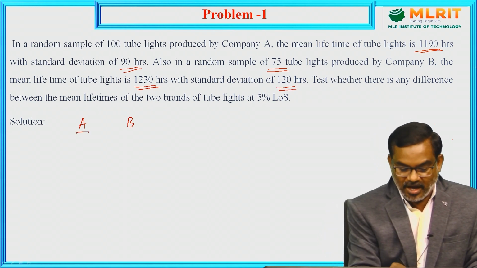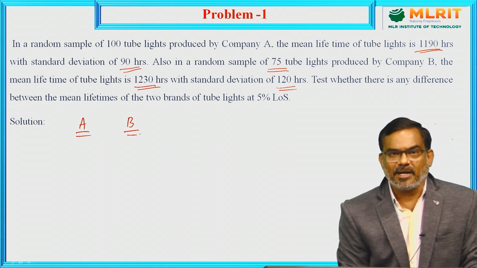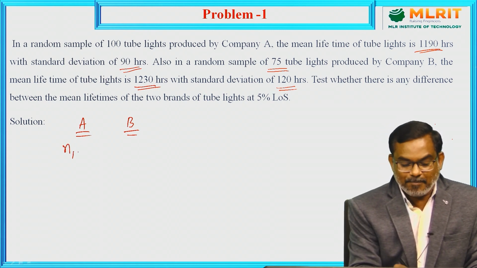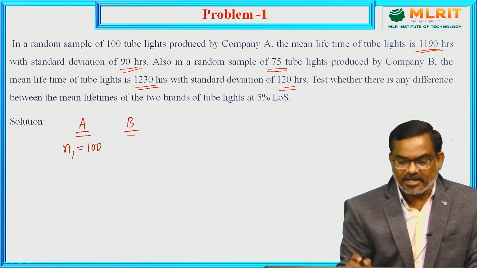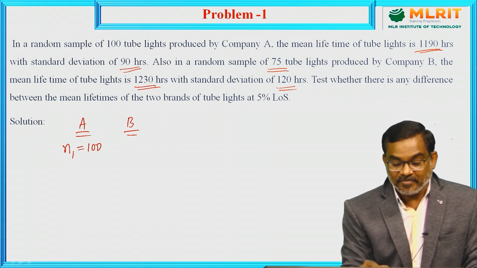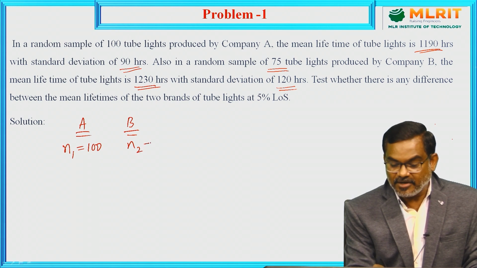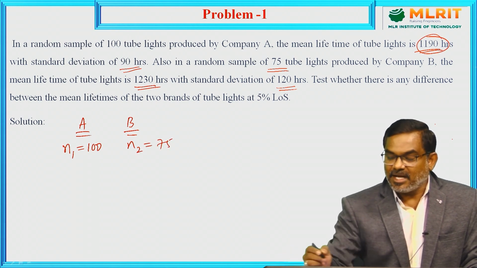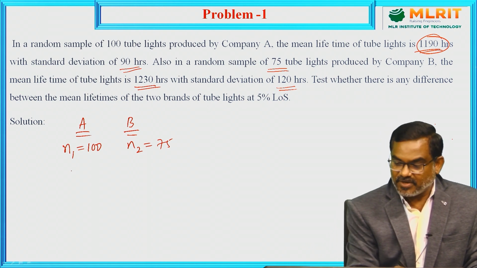So, here we have two companies capital A and capital B, and from A sample of size 100 is taken. So, N1 equal to 100 and from company B N2 is 75 and the mean lifetime of the first sample is 1190 hours.